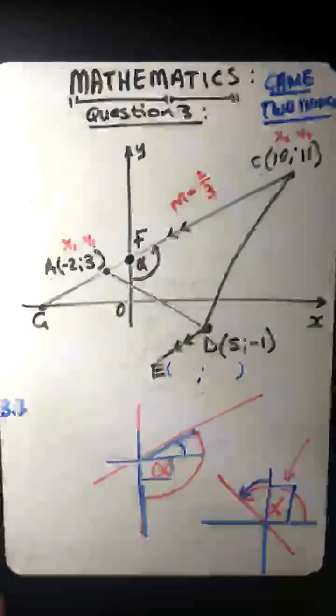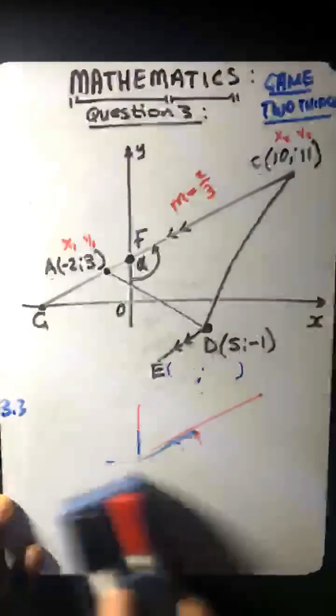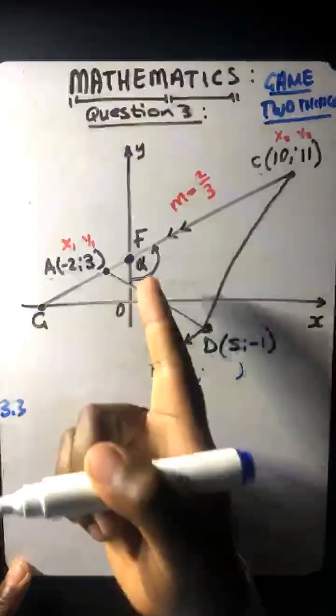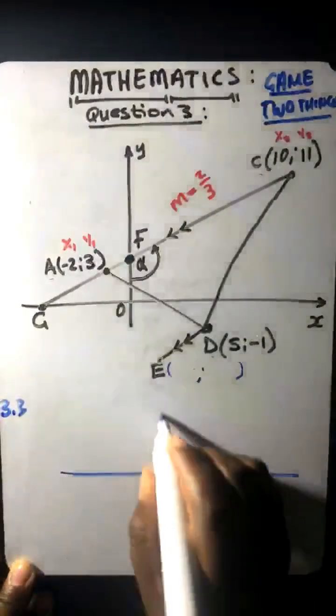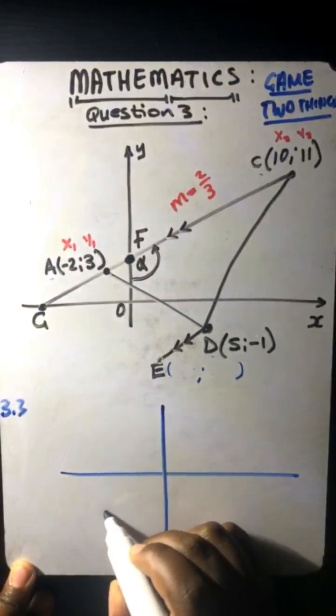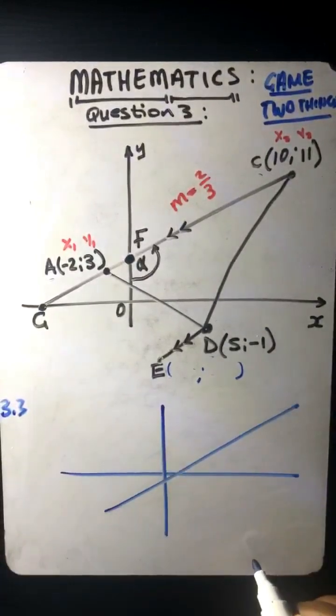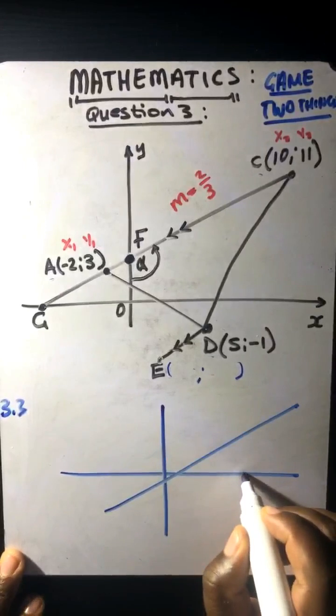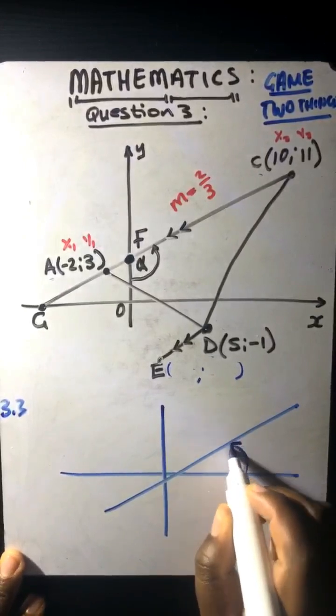Yeah, so the tricky part in this question is the fact that this angle is not starting from the x-axis. If you had a line similar to that, this angle starts from the x-axis.